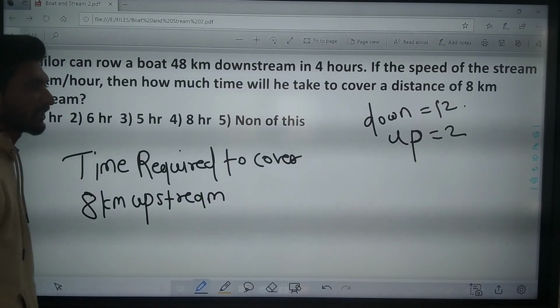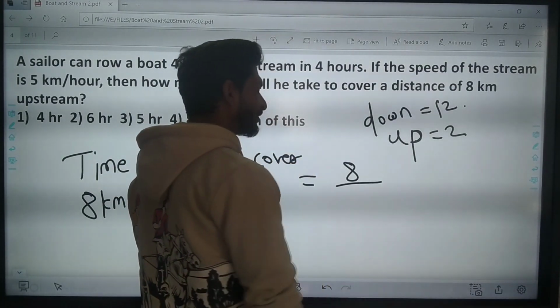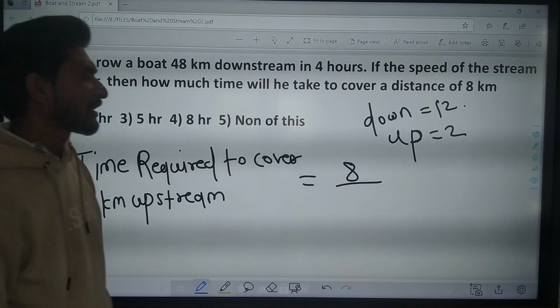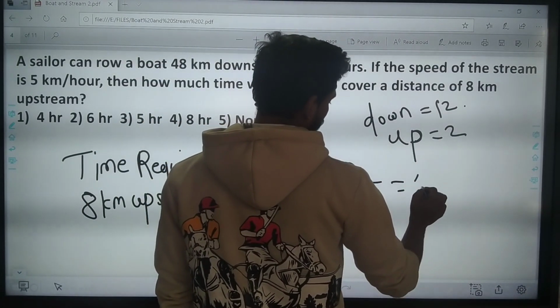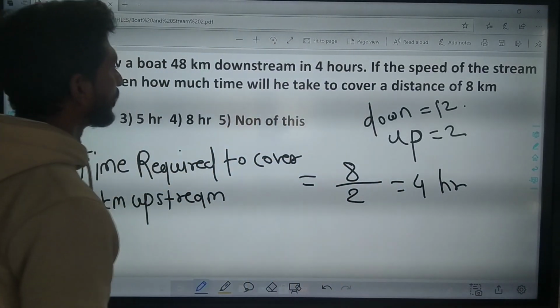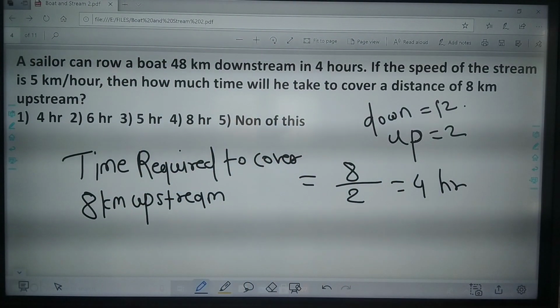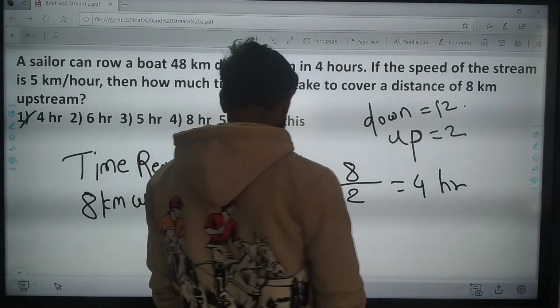Time required to cover 8 km upstream is equal to distance upon upstream speed. The upstream speed is 2, so 8 upon 2 is 4 hours. Your answer is 4.